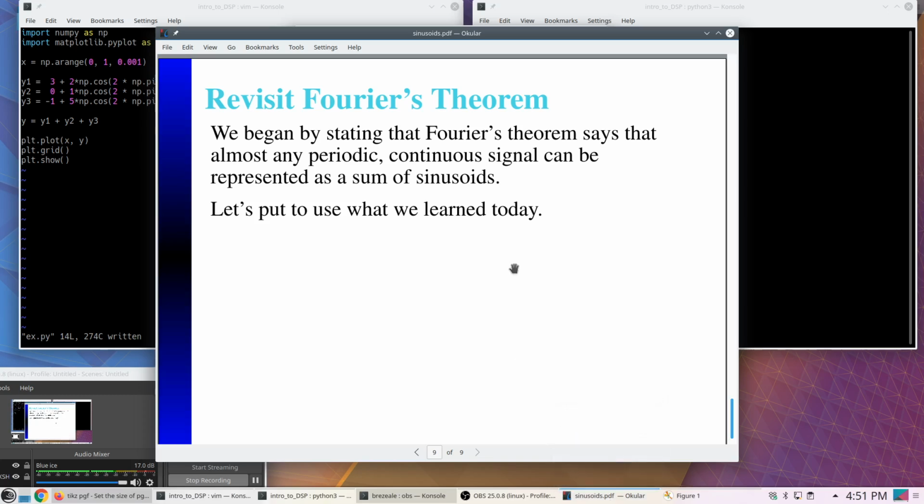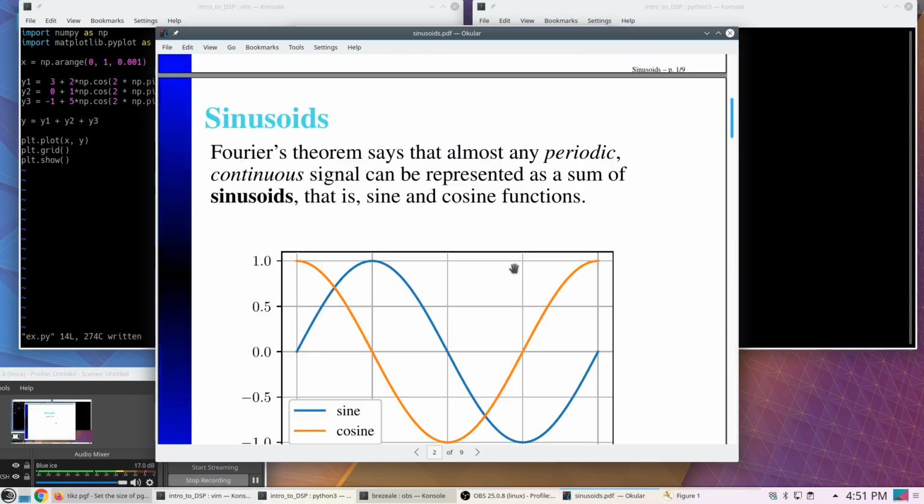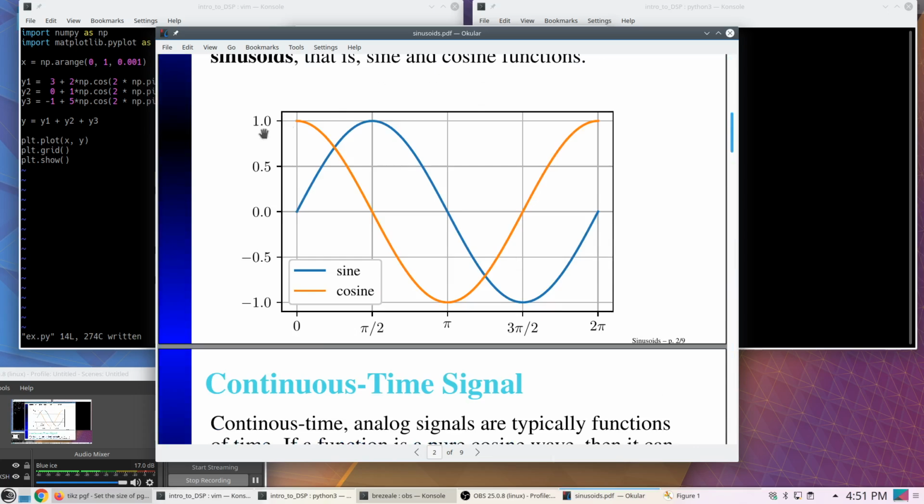So let's go back and look up at the top, our original plot. If I take this right here and move it over by pi over 2, this shift, they look the same. So any cosine can really be represented as a sine with the right phase shift, and any sine can be represented as a cosine with the right phase shift.